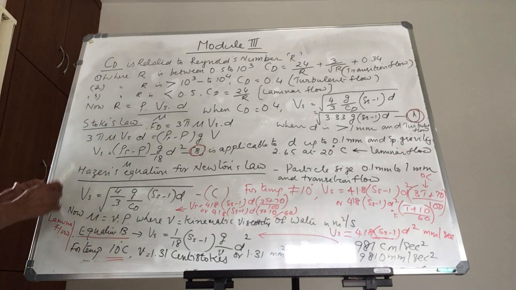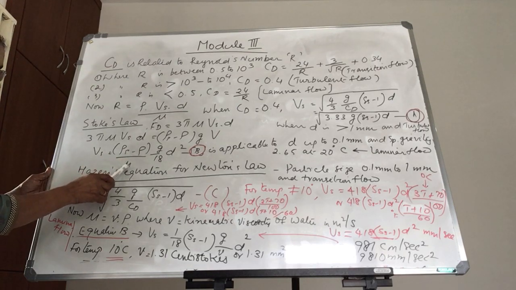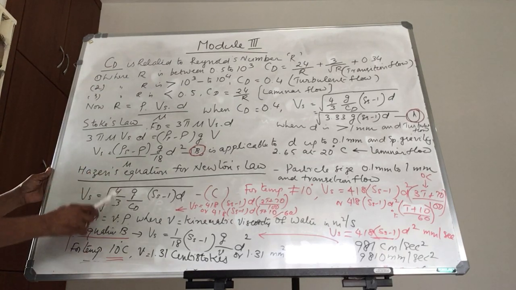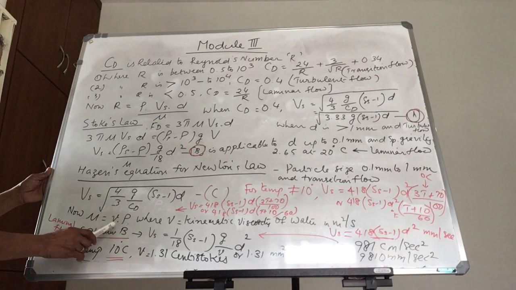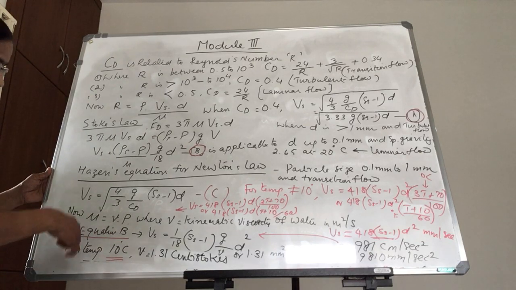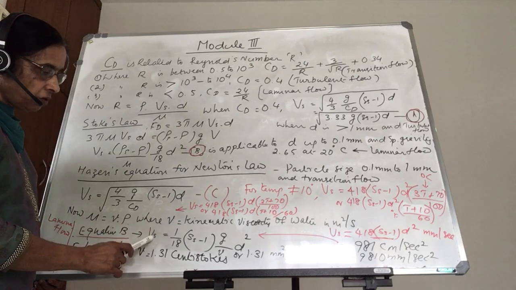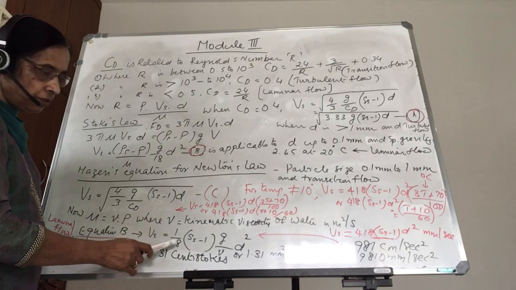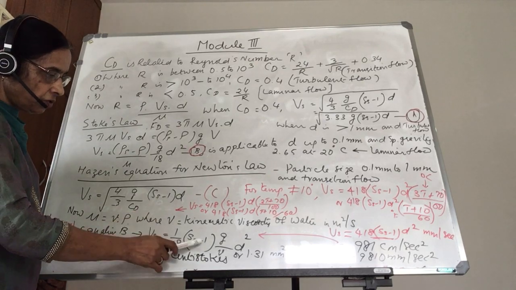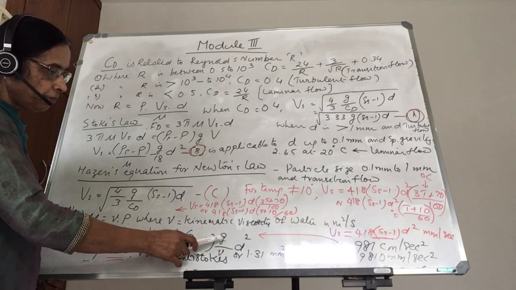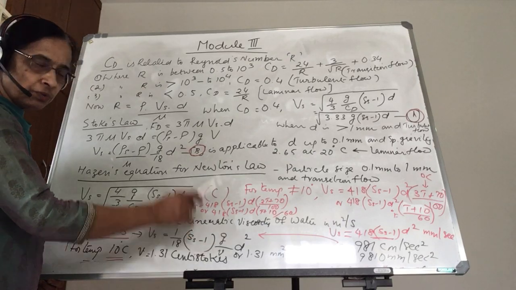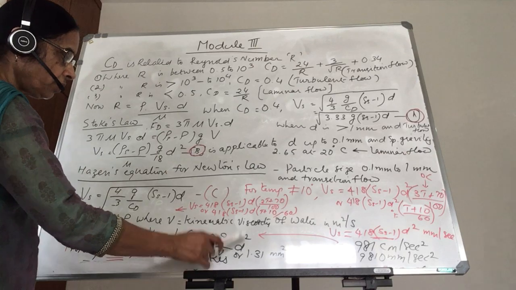Put this value in equation B. Equation B is Vs equals (rho s minus rho) divided by mu. Instead of mu, you write nu into rho and simplify the equation. When you simplify the equation, you will get Vs equals 1 by 18 into (Ss minus 1) into G by nu into D squared.